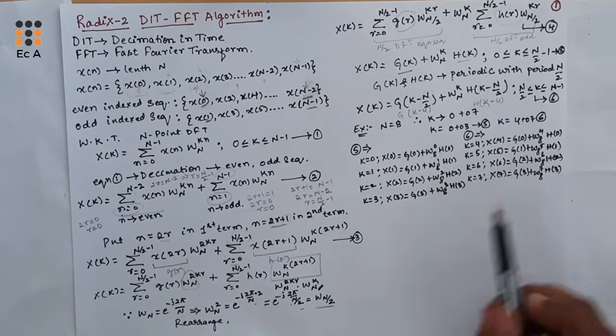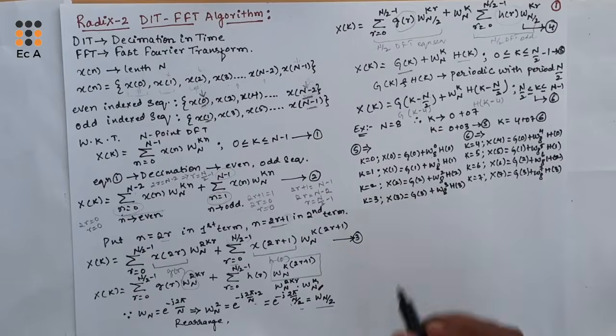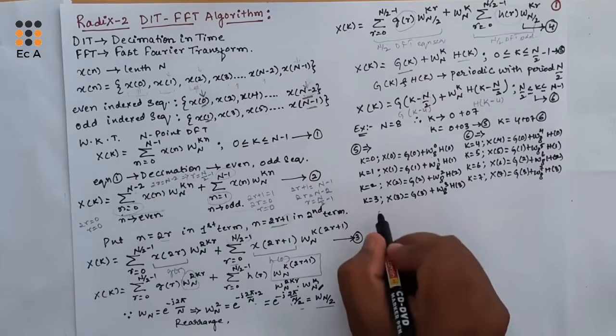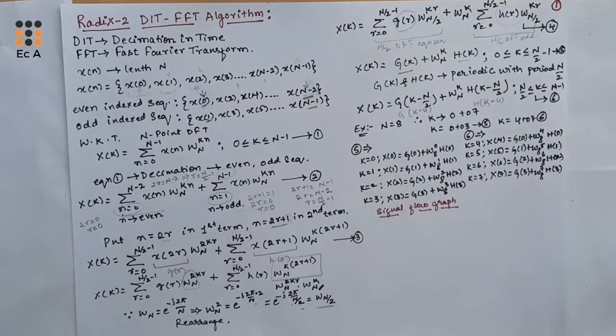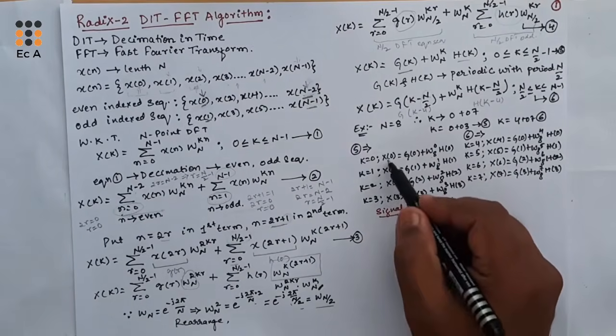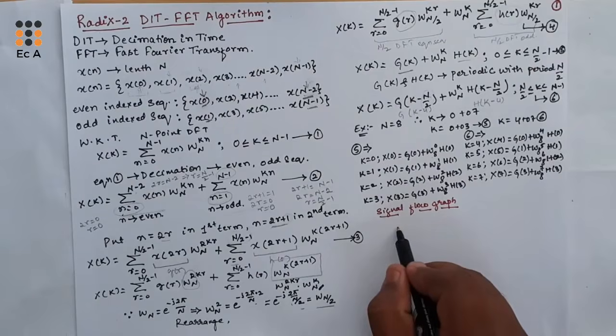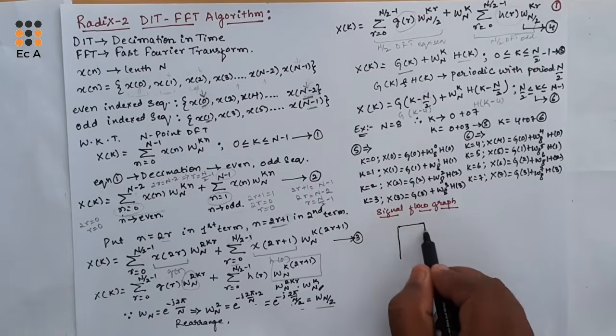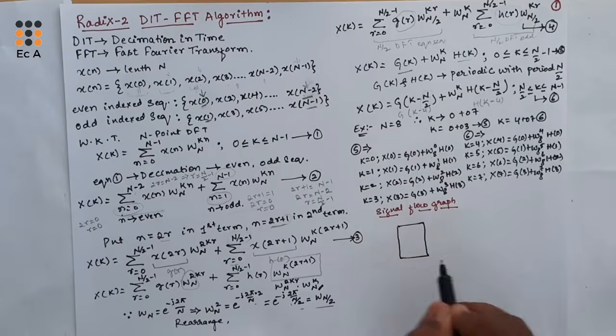Now these equations we can represent using a signal flow graph. Let us write the signal flow graph for this. How many values are we having? We are having 4 values, so we will take these 4 values separately.